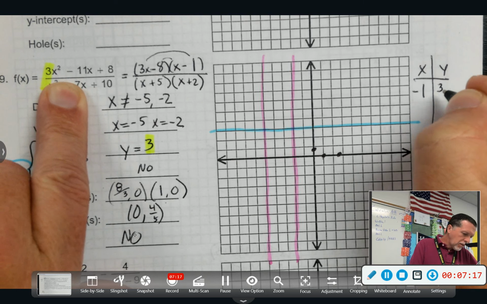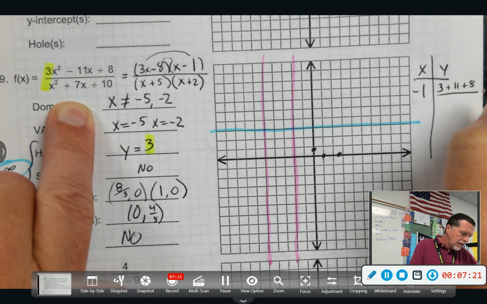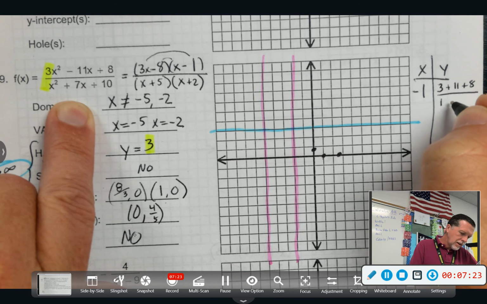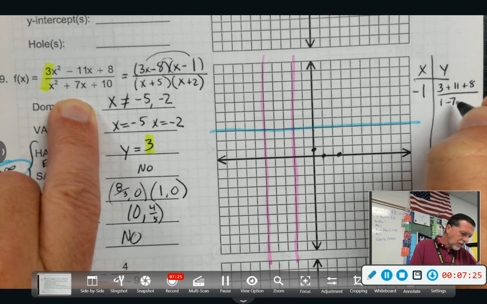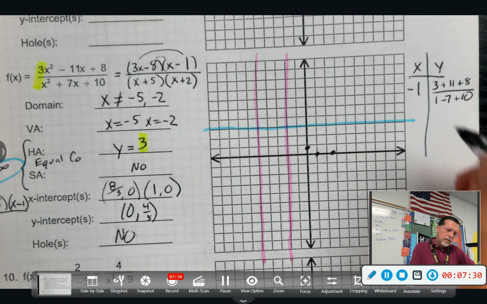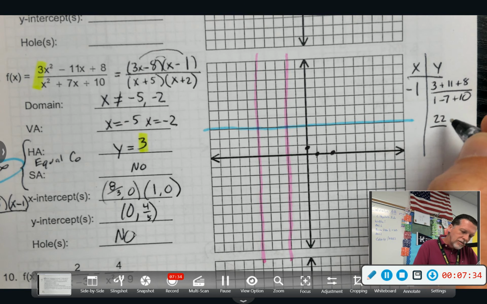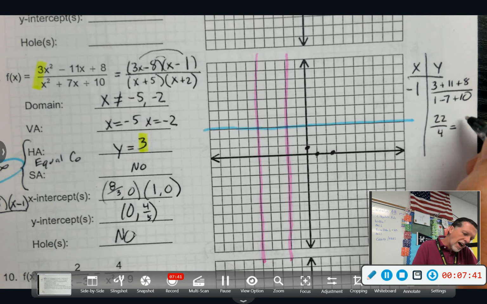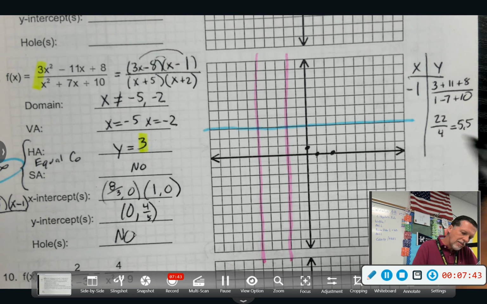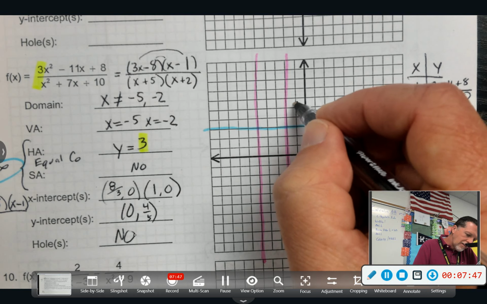So that would be 3 plus 11 plus 8 over 1 minus 7 plus 10. So that's 22 over 4. 11 minus 7 is 4. So that's 5 2/4, 5.5.